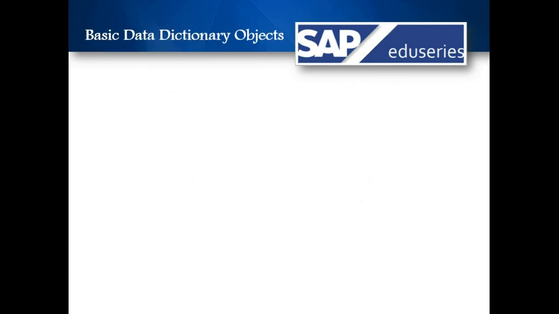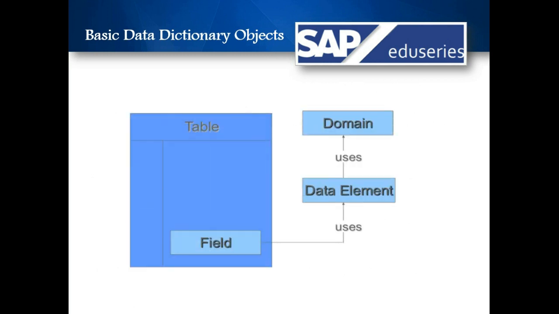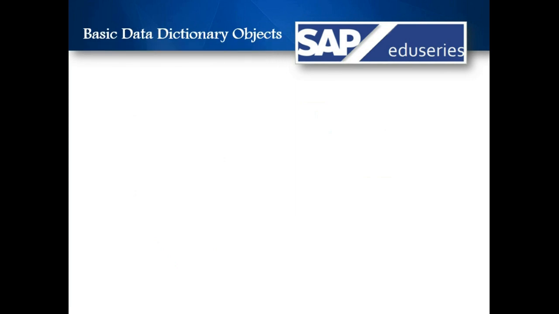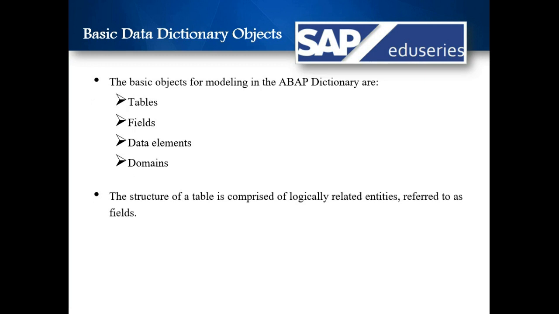Basic data dictionary objects. As we have seen data dictionary objects on the data dictionary initial screen, they are also shown in this figure. The basic objects for modeling in the ABAP Dictionary are tables, fields, data elements, domains.